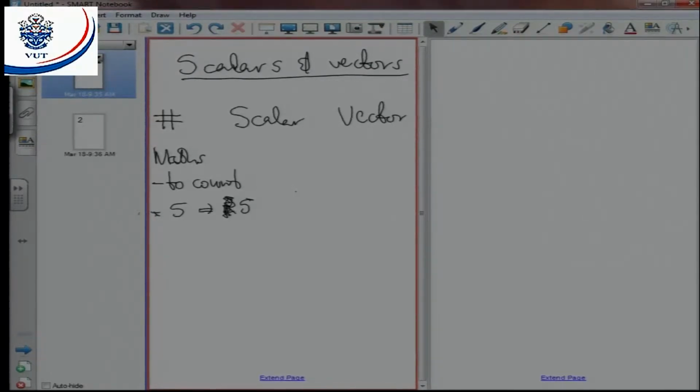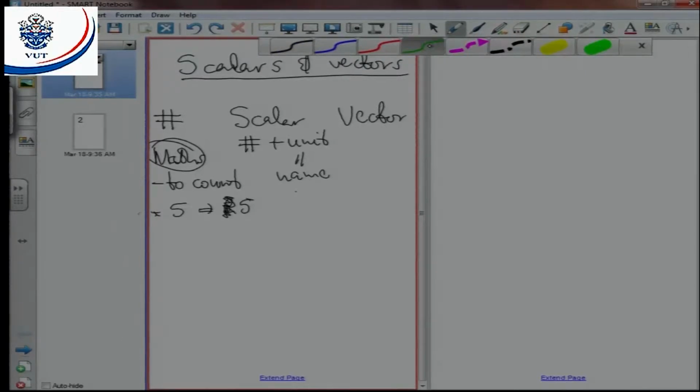Okay, and then a scalar is a number plus an extra thing which we call a unit. And a unit is just similar to a name. So it's a number with a name. And this is no longer a mathematical object, it's now a physical quantity.